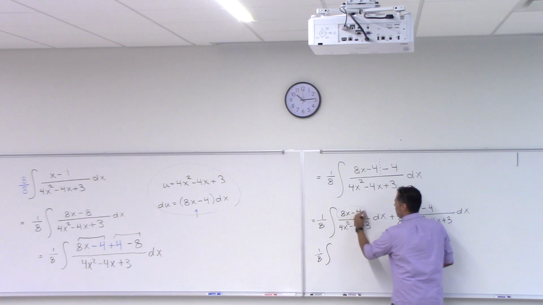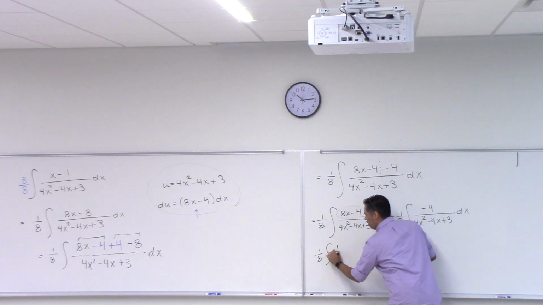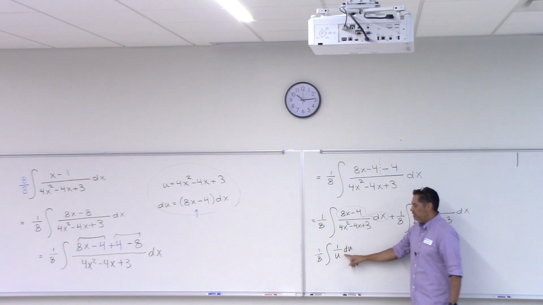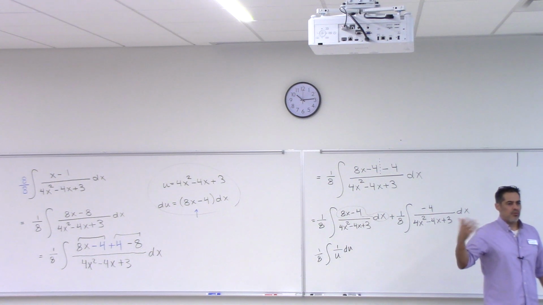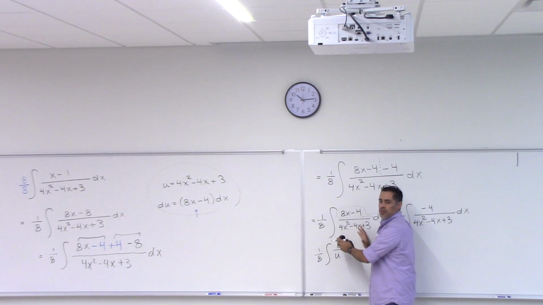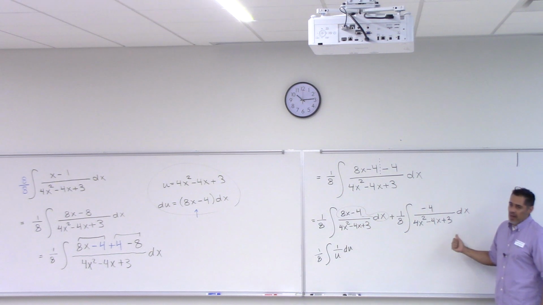Okay, what is all of that? That's du, and so this is 1 over u. The bottom is u, du. What's the antiderivative of 1 over u? Natural log, right? So this is super simple now for us.